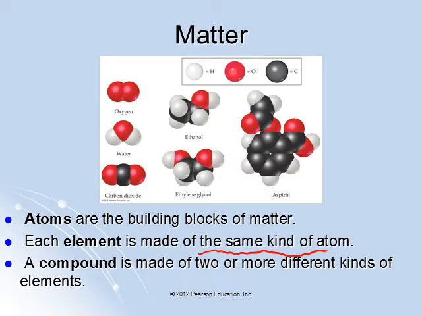For example, if you're looking at an iron rod, no matter what part of the iron rod I examine, I would see the same kind of substance there, the same kind of atom, which is the atom of iron. A compound is made up of two or more different kinds of elements. For example, H2O, what you're seeing here is a compound. It's made up of two hydrogens and one oxygen. And then you have these organic compounds, ethanol, ethylene glycol.